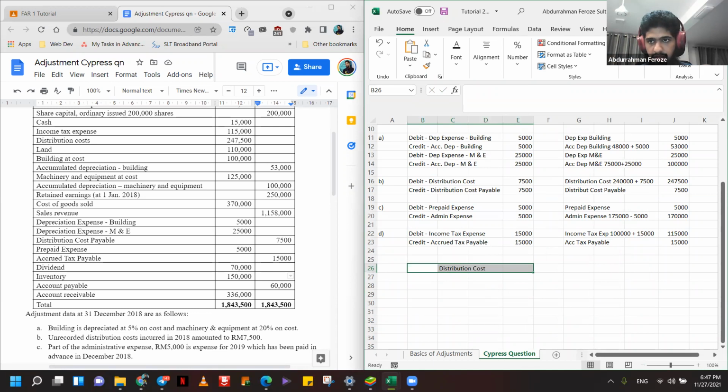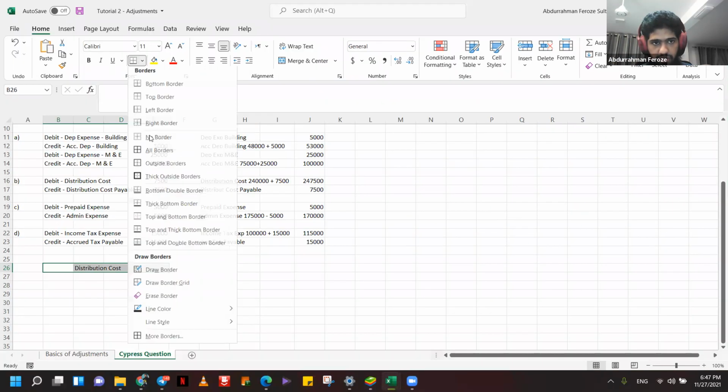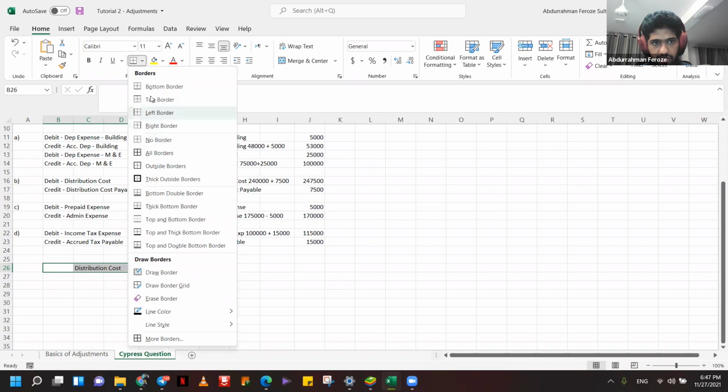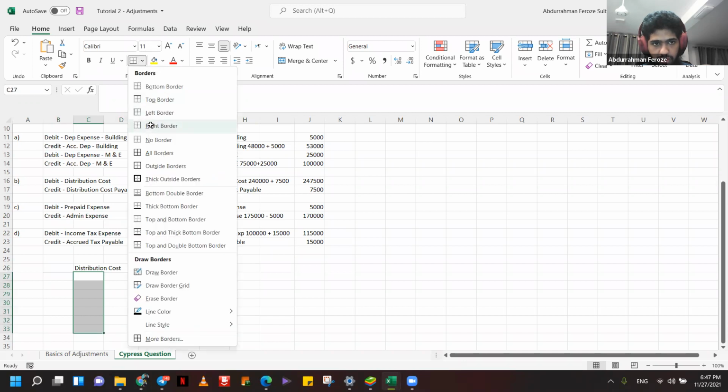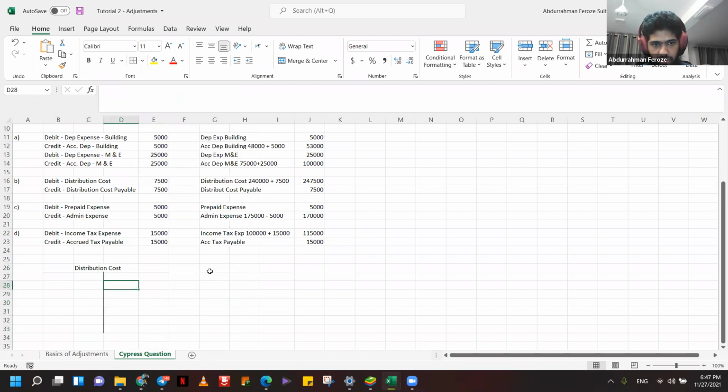Distribution cost. I'll just do one of these as a T account and show you how it works.